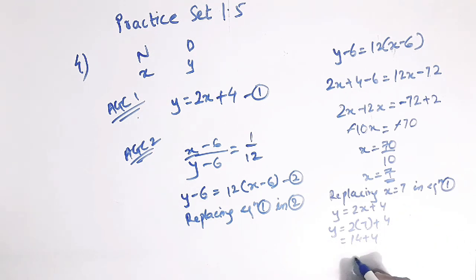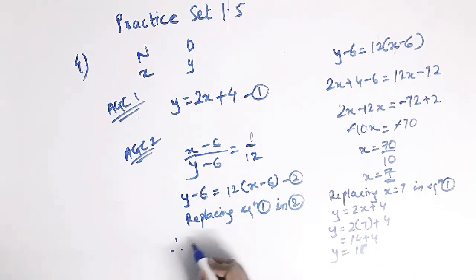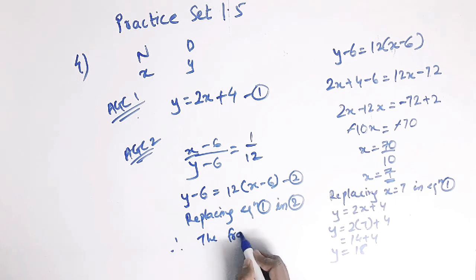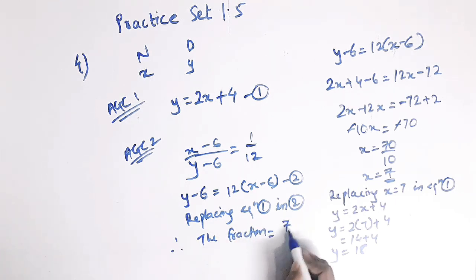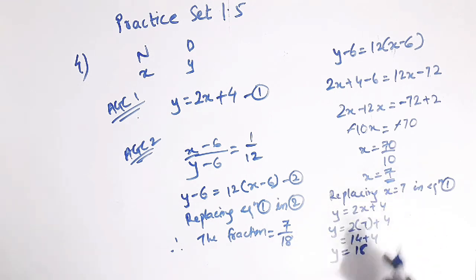So we got y equals 18. Therefore, what is the fraction we got? Numerator upon denominator, 7 upon 18. This is numerator 7, this is denominator 18. With this we complete our fourth one. Let us move on to the fifth one.